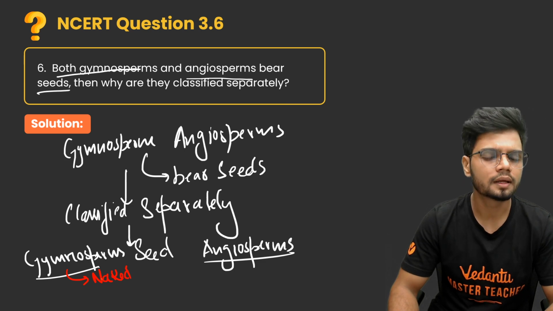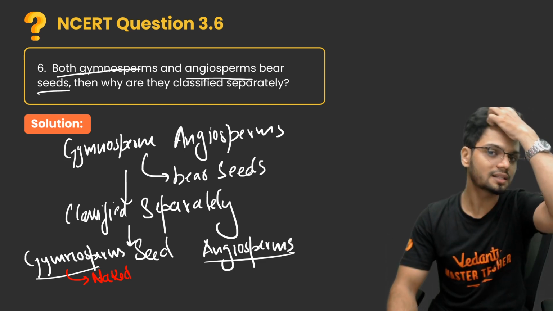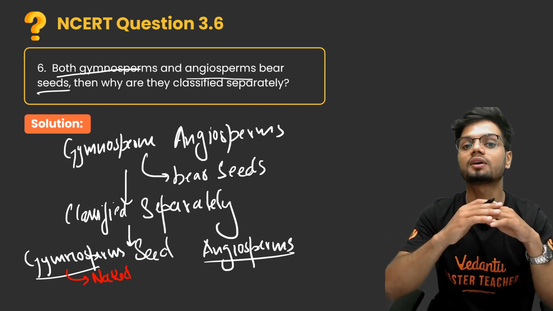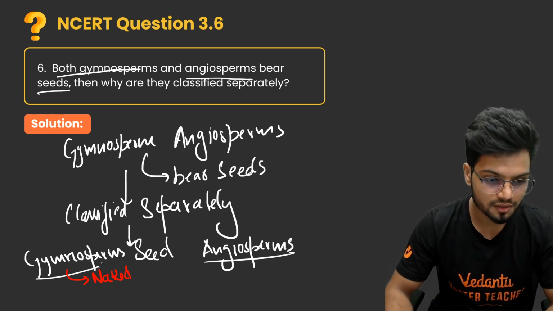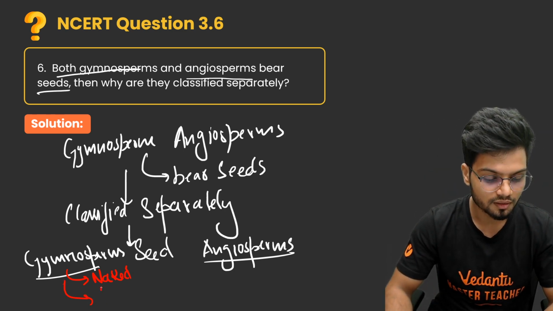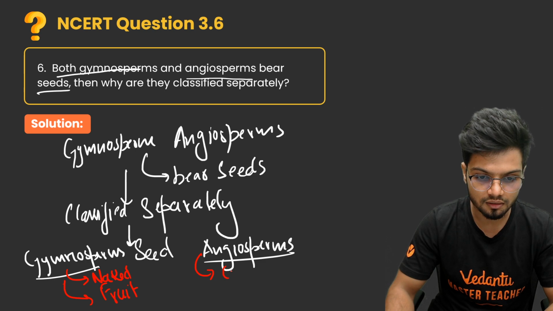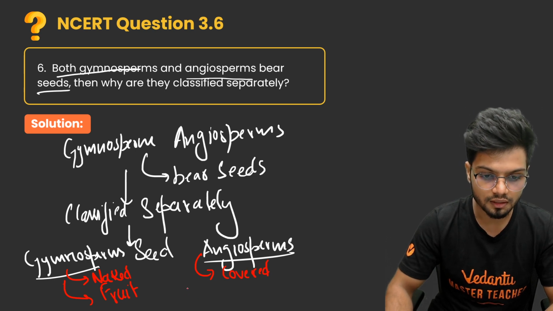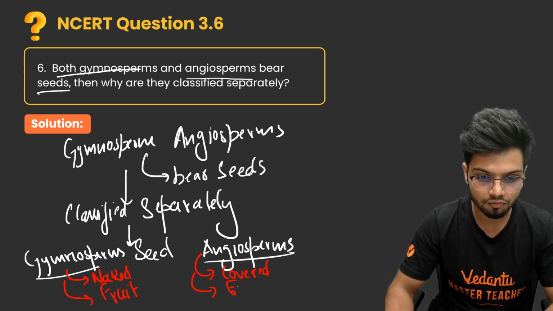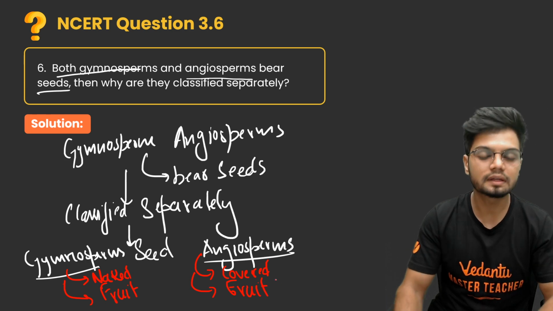What do I mean by naked? The seed does not have a covering outside it known as the fruit. While in your angiosperms, the seeds are covered by fruit. So we have eaten mango.